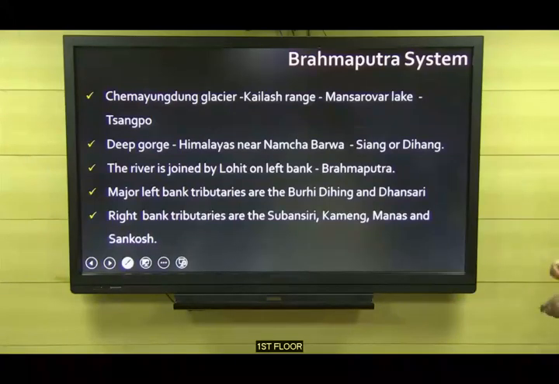The Brahmaputra originates in the Tibetan side. Mahananda originates from the Darjeeling Hills, from the northern aspects, and then comes and joins as a left bank tributary.